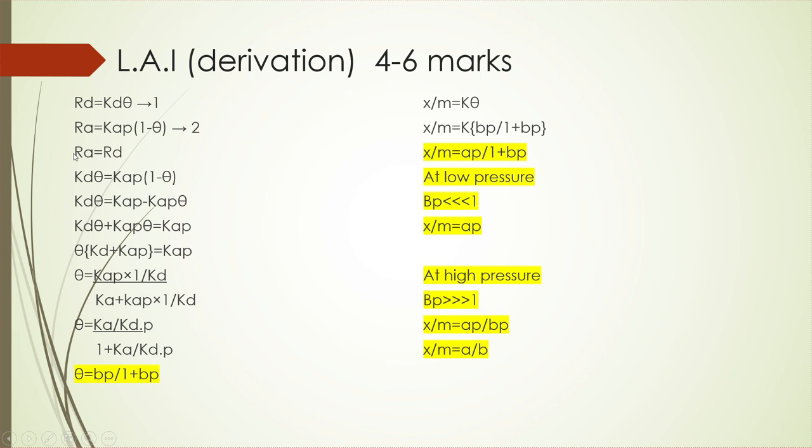Now, at equilibrium, rate of adsorption equals rate of desorption, that is, RA equals RD. Now we have RA and RD equations from 1 and 2. Now we equate these. While equating, we finally get theta equals Ka P into 1 by Kd divided by 1 plus Ka P into 1 by Kd.